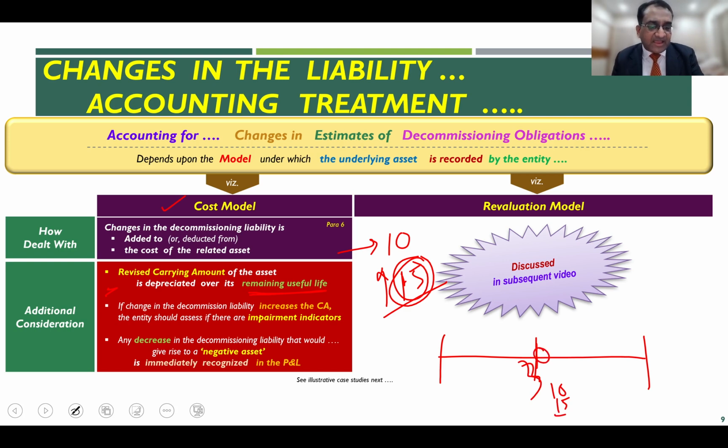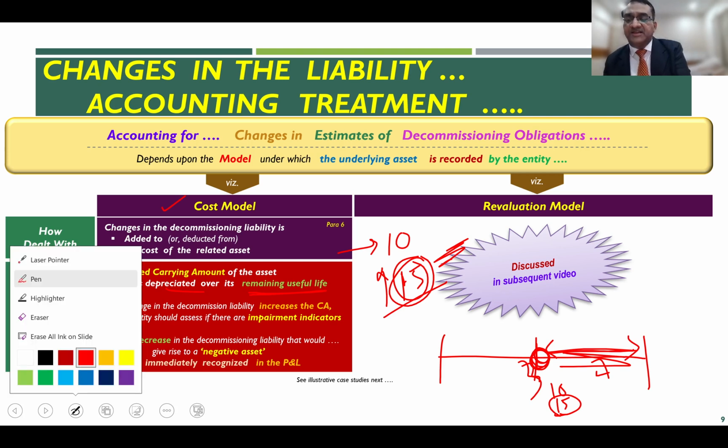So now the carrying amount at the end of the third year is 15 million. You have 7 more years to go, and therefore this 15 million will be depreciated over the balance 7 years of the remaining useful life. That is point number 1. The revised carrying amount of the asset, post increase in the liability, is depreciated over the remaining useful life, in my example, 7 years.